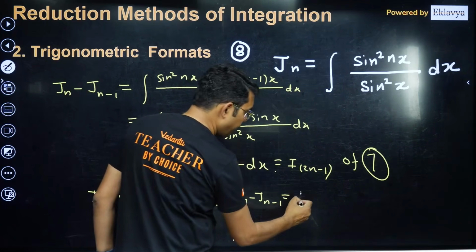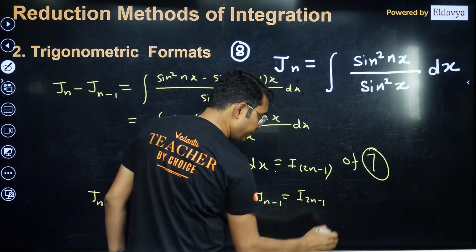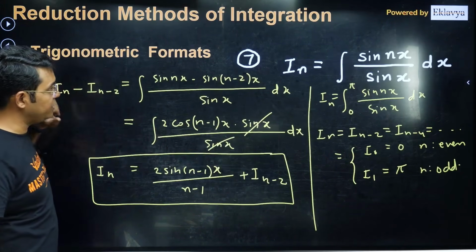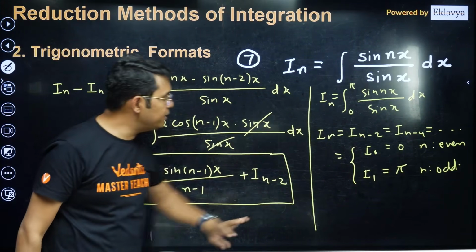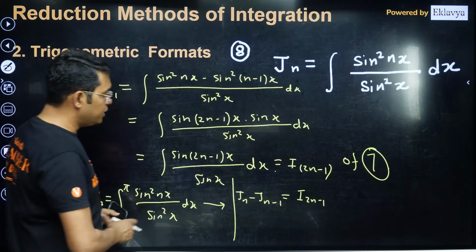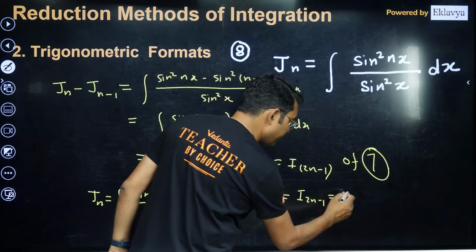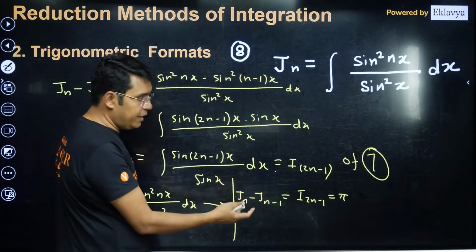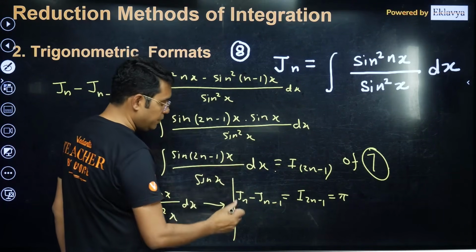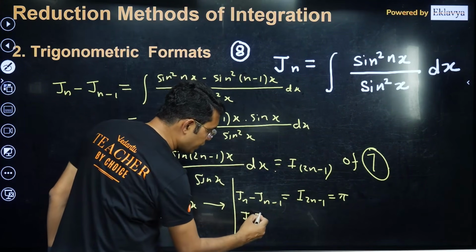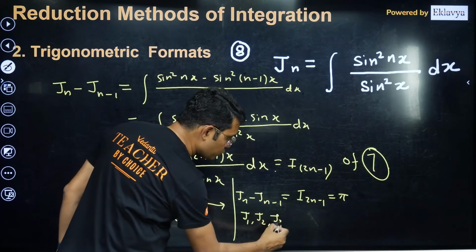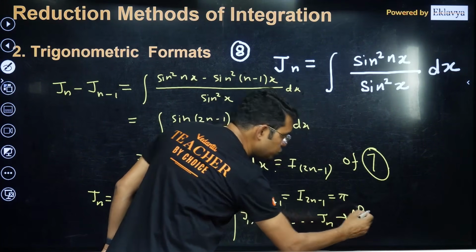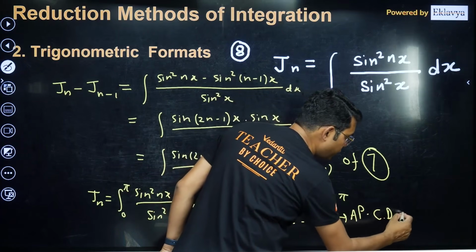It will be I(2n minus 1), which means an odd number, and we have seen for odd value it is equal to pi. So the difference of two consecutive Jn and Jn minus 1 is pi, which means your J1, J2, J3 and so on should be an AP whose common difference is equal to pi.